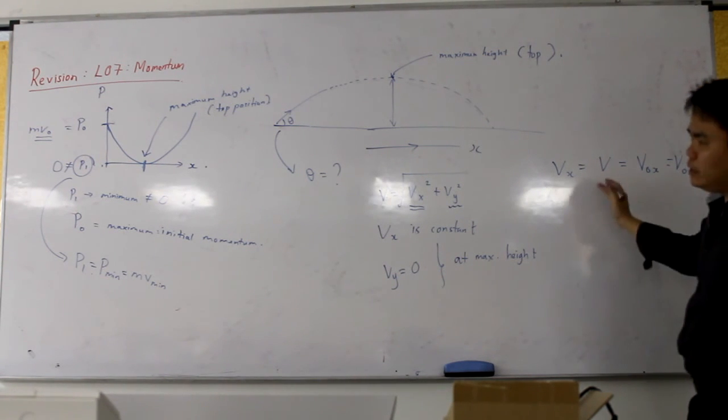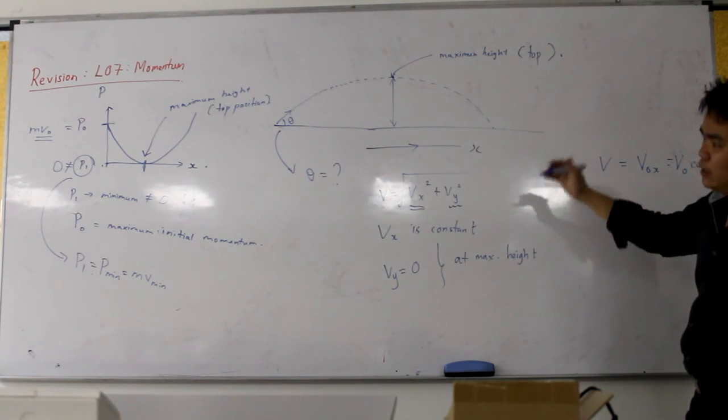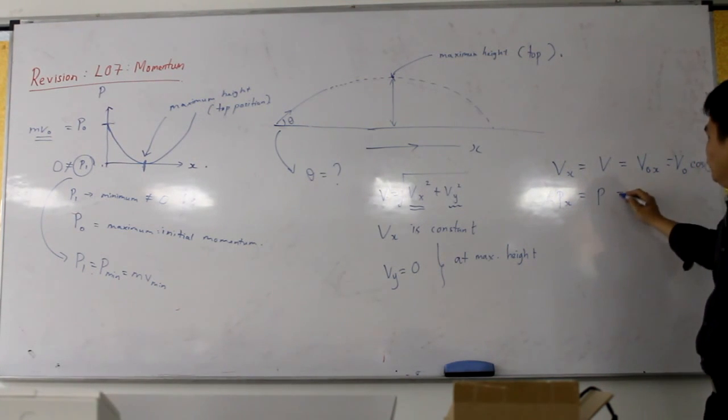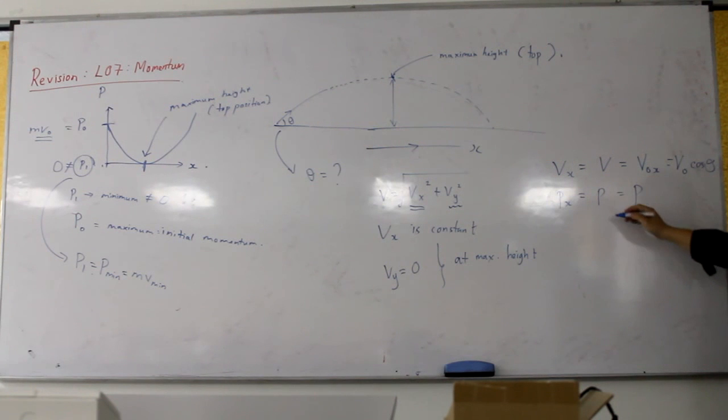So we can further derive it for the momentum. Therefore, Px is P, which in this case I should put as P1, which is P naught x, which is P naught cos theta.